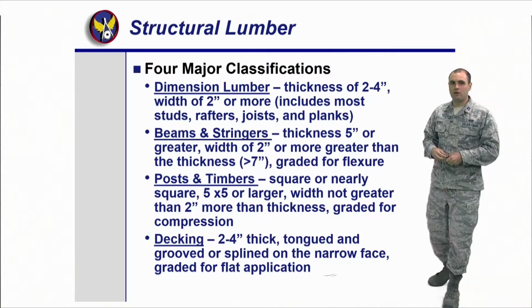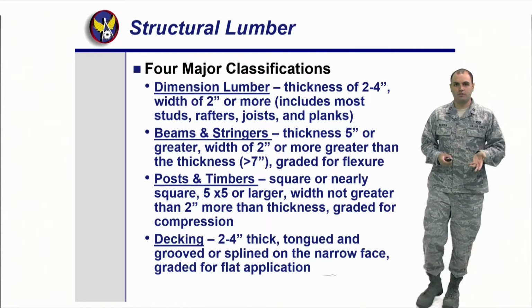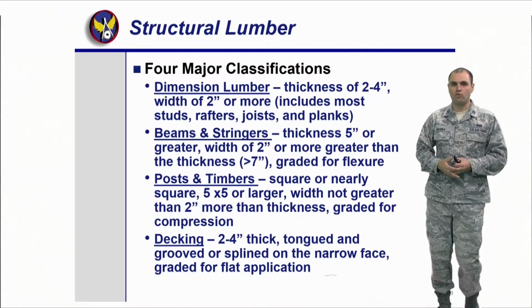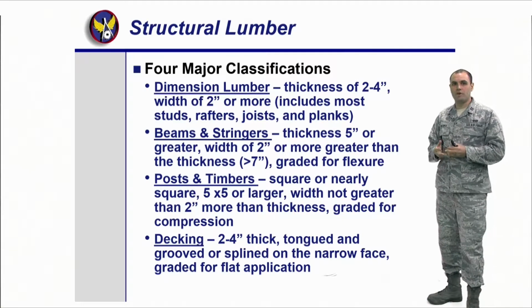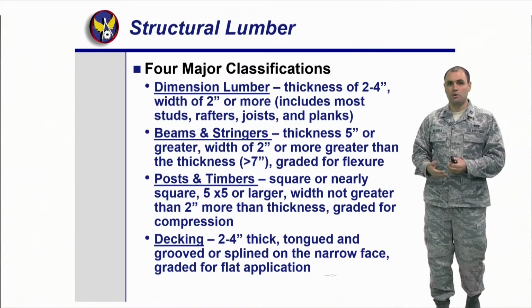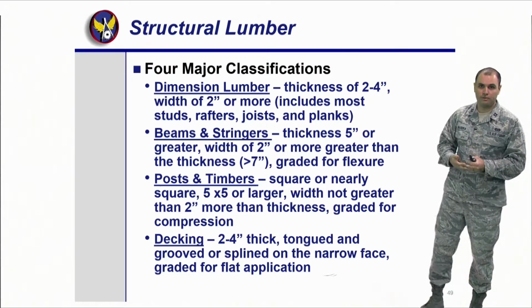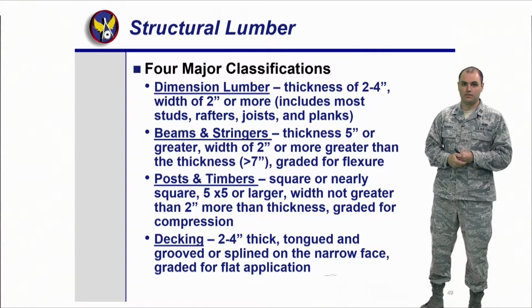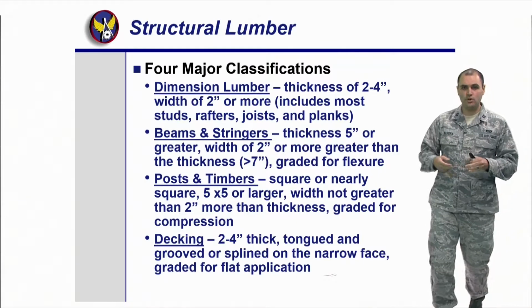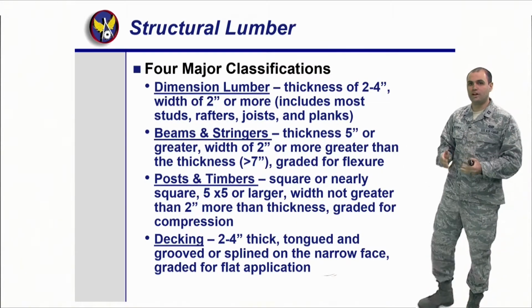There are 4 types of structural lumber. We have dimension lumber, where we talk about thicknesses of 2 to 4 inches, with a width of 2 inches or more. That's what we're going to call dimension lumber. The other ones are beams and stringers. If the thickness is greater than 5 inches, or the width is greater than 2 inches more than the thickness, then it is graded for flexure.